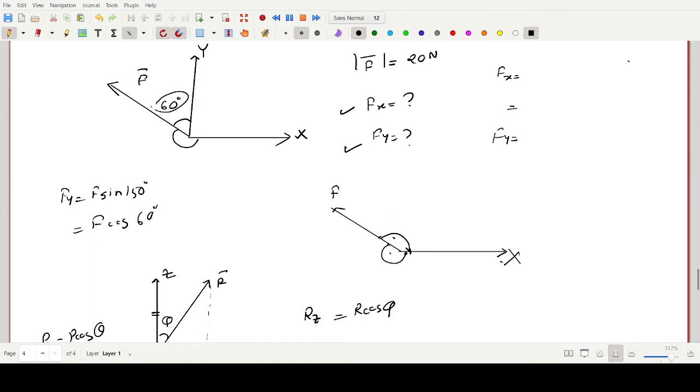This is the vector, which makes an angle of 60 degrees with y, so we can write f cos 60 degrees. You will see that these give the same value. So in this way we can calculate the components.